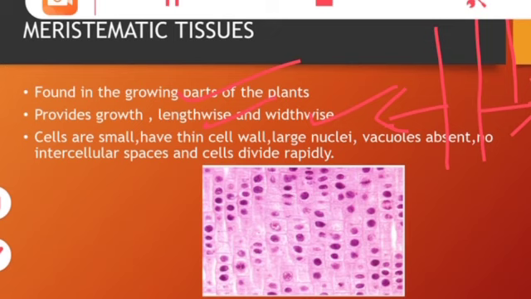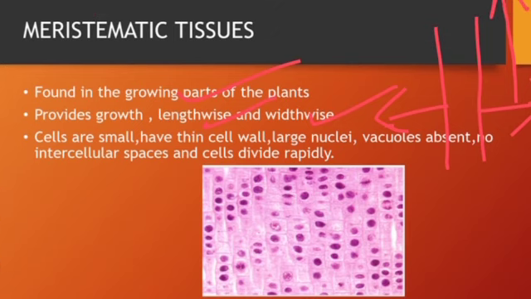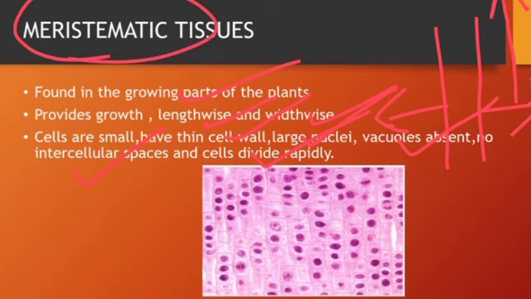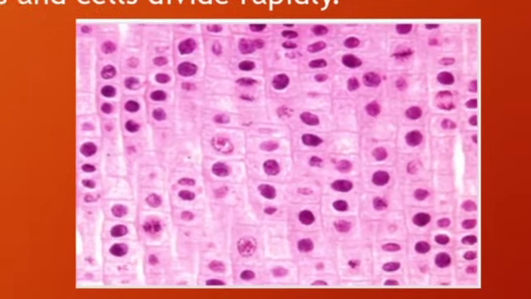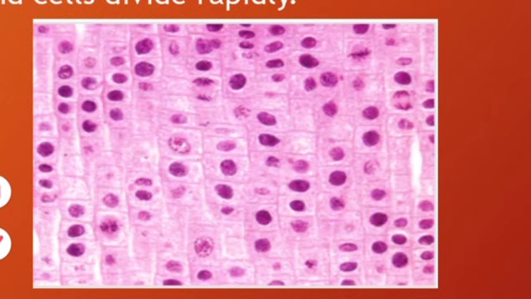Coming to the next point, what type of cells they have. Cells have thin walls, large nuclei, vacuoles are absent, no intercellular spaces, and cell division can be seen rapidly in meristematic tissue. If we go through the structure, you can find the cell walls, which are very thin.